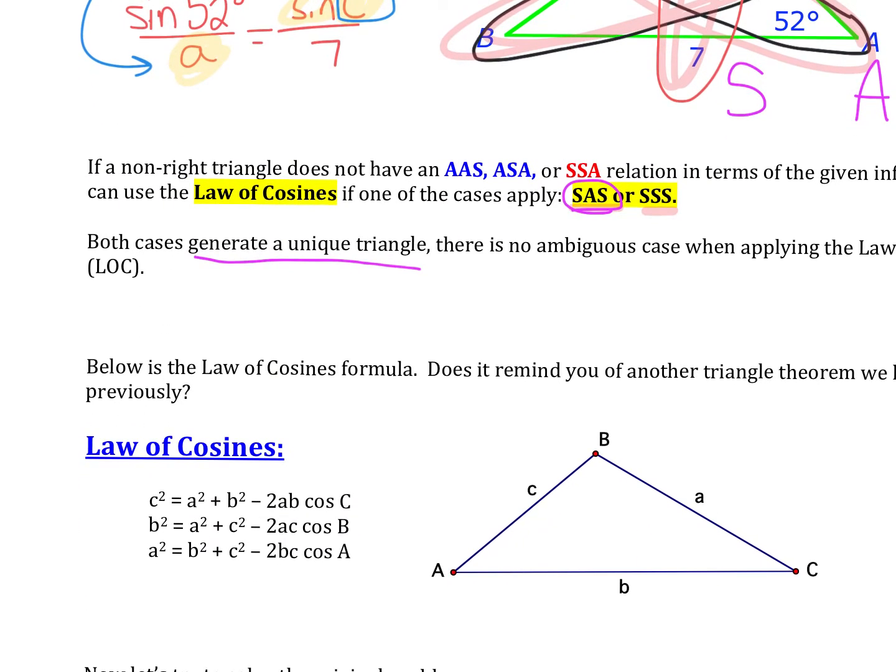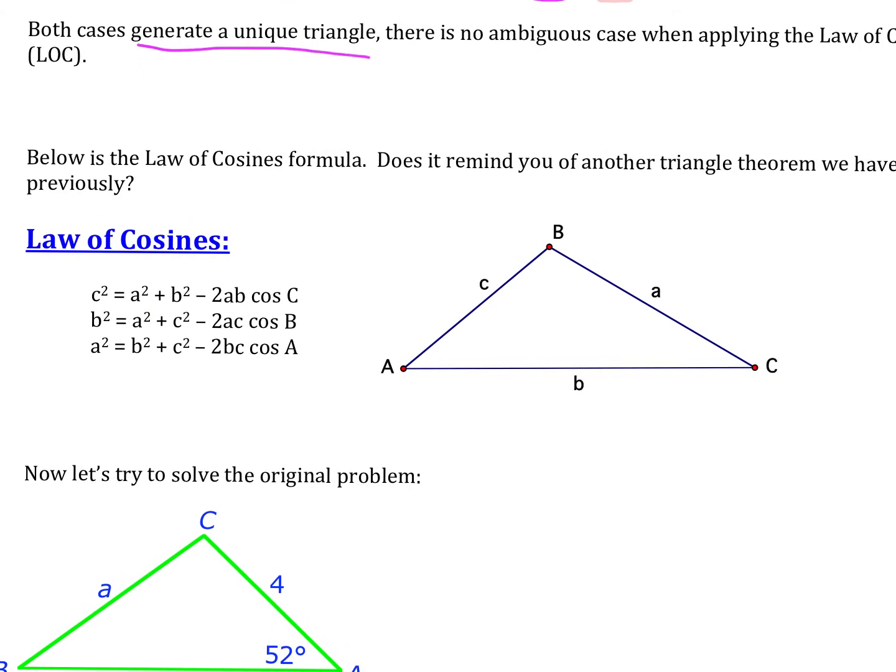Here's the formula for the law of cosines. If you have a triangle ABC, standard notation, the vertices are capital letters and the sides across from them are the same letter but lowercase.